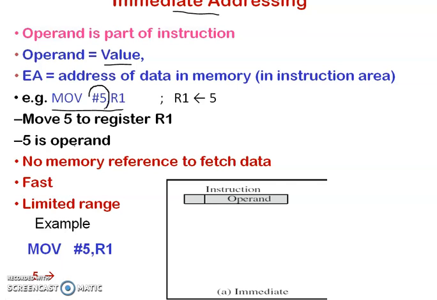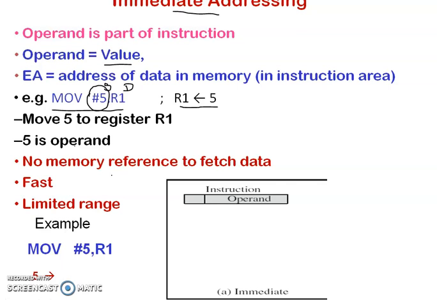This #5 indicates the direct value, and the operation performed is that 5 is stored to the R1 register. The first one is the source and the second is the destination. Move 5 to the register R1.